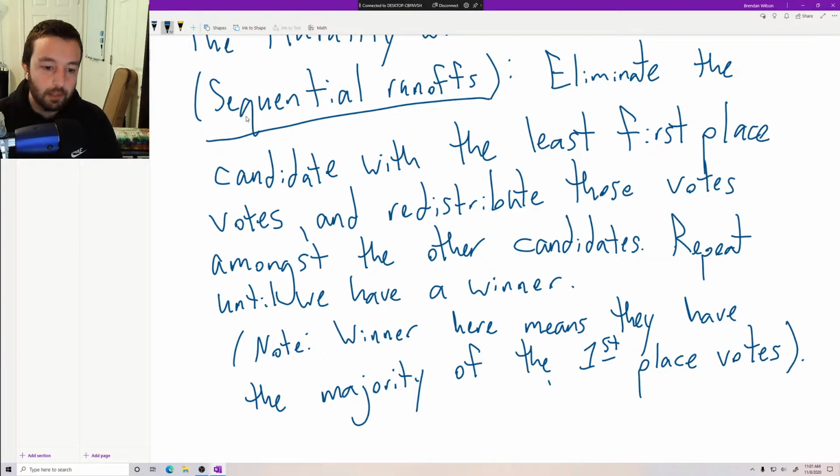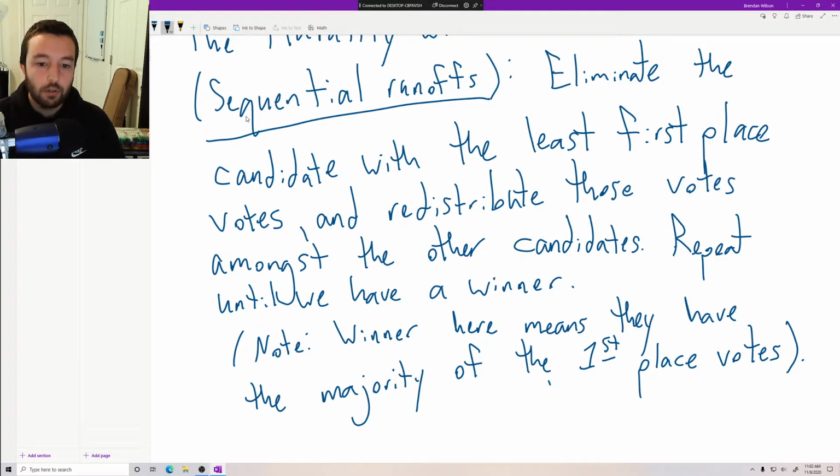So whoever picked that candidate as their first place, now you give their second choice the first place votes. The runoff part of this, the sequential runoffs, is in the sense that we're having another election. But in this case, nobody casts new votes. You just look at their second choice and take that as the new first choice.